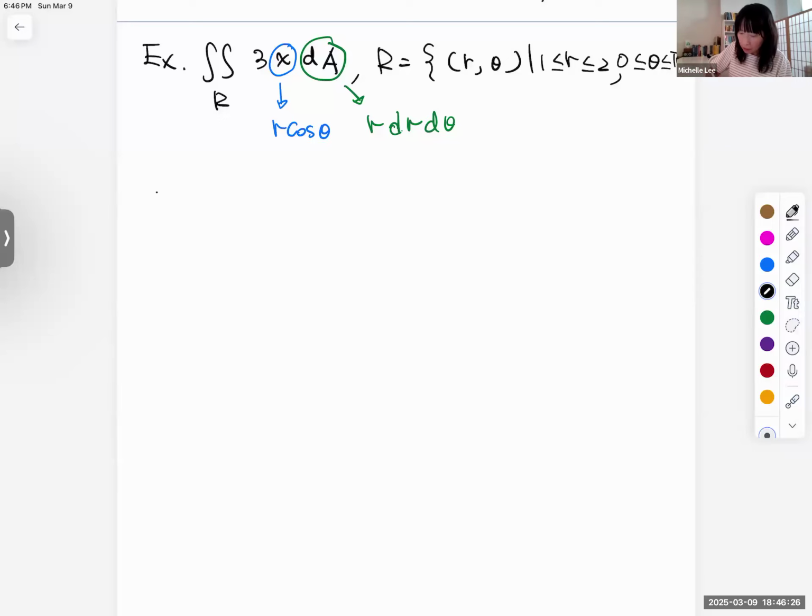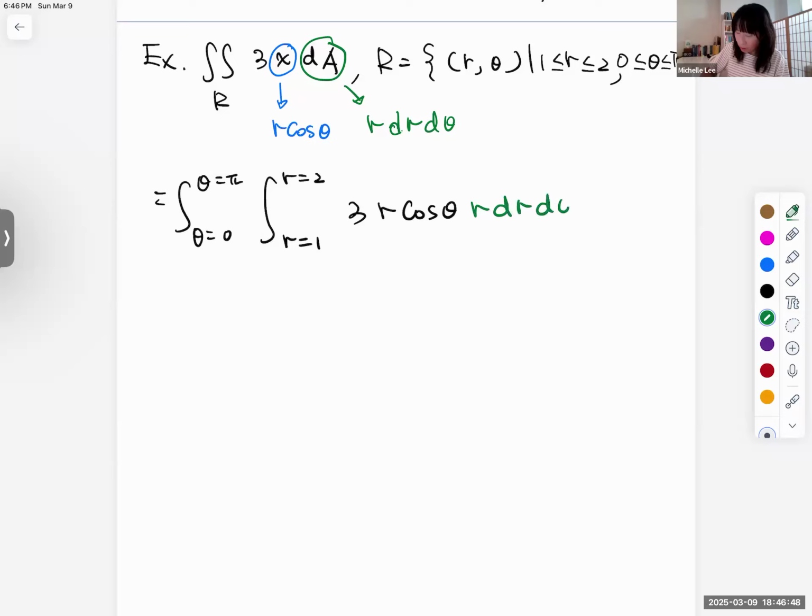Okay, that's fine. So theta from 0 to pi and r from 1 to 2, then 3 times r cosine theta, and then r dr d theta, right? Okay, now let's simplify.